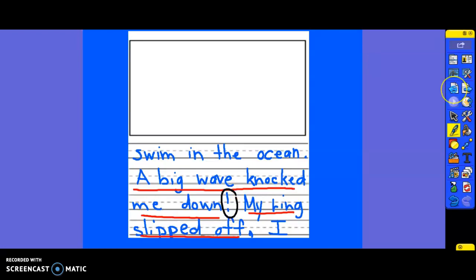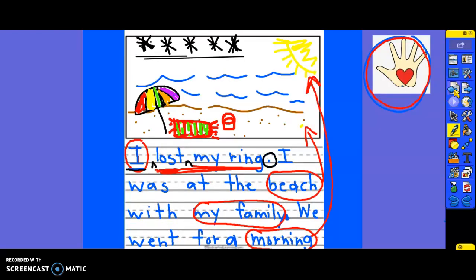I used neat handwriting, and I made sure I went back to reread and that my sentences make sense. I cannot wait to read your stories today, to read about a time that you lost something. Remember to include those important details as well as in your illustration today.